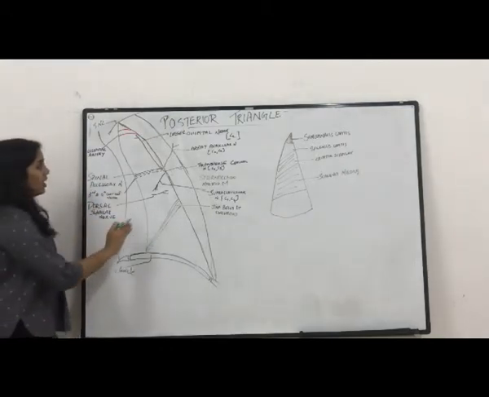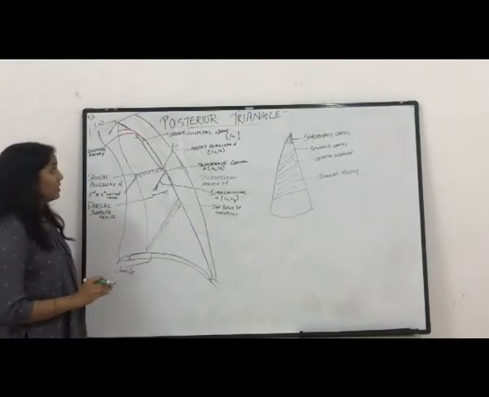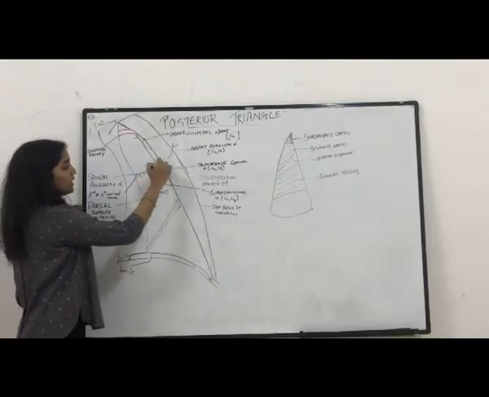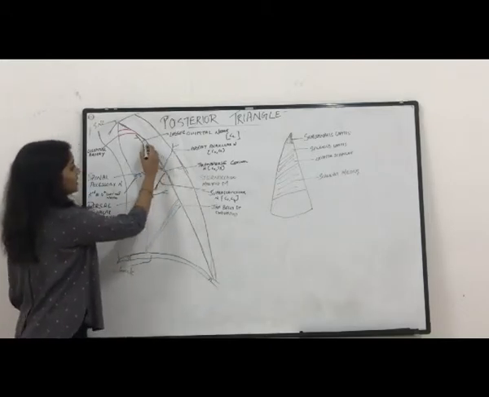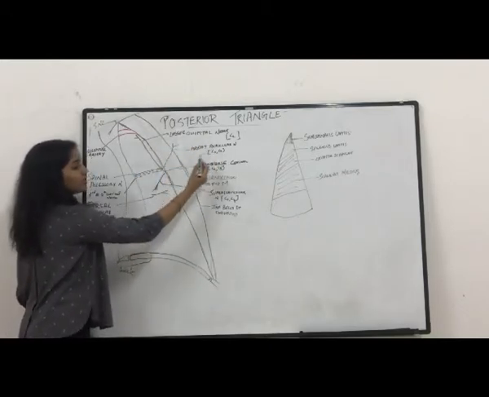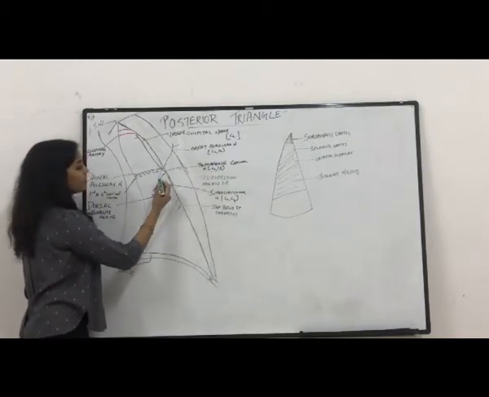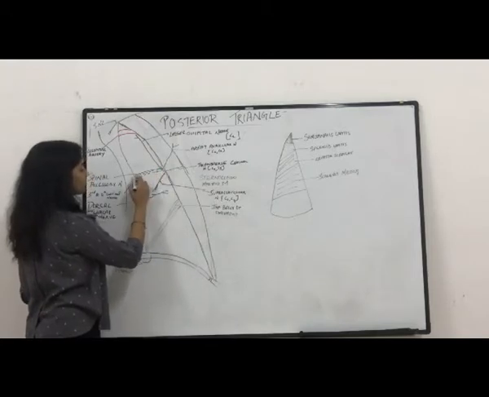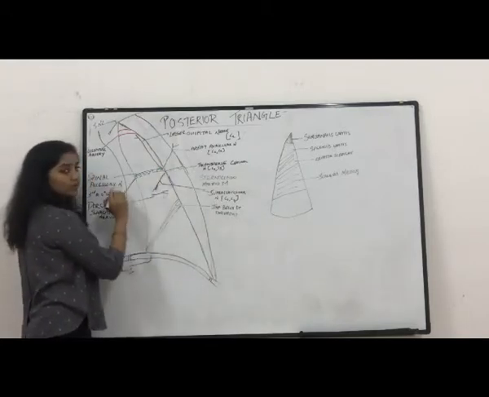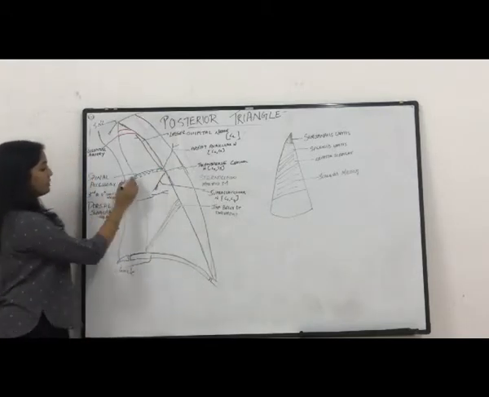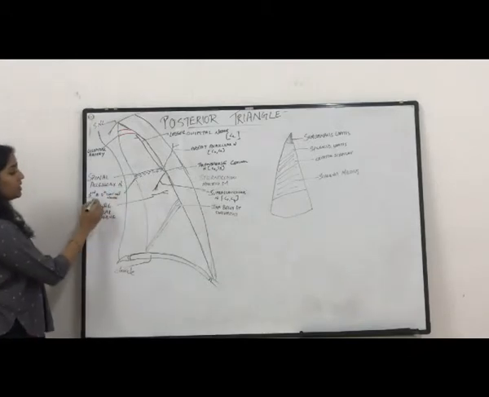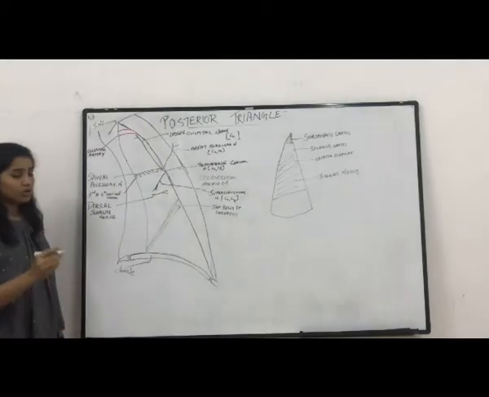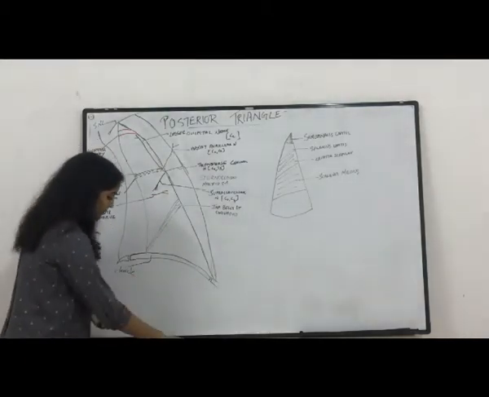So basically, the contents of the occipital triangle are the occipital artery, the 4 cutaneous branches of the cervical plexus, that is the lesser occipital nerve, the greater auricular nerve, the transverse cervical nerve, and the supraclavicular nerve, and the spinal accessory nerve, the 3rd and the 4th cervical nerves, and the dorsal scapular nerve. Also, there is one more content.